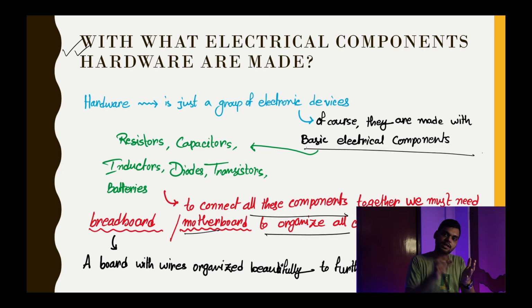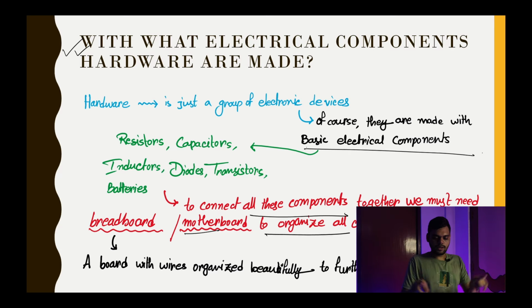But in this segment, there will be a PSU. You get it? In this motherboard, or let's say we are making CPUs with some resistors, with basic electrical components. To make the CPU, we must need a platform to organize those basic electrical components in order.